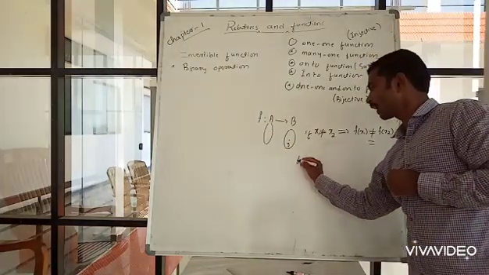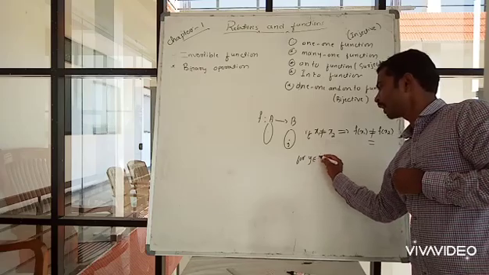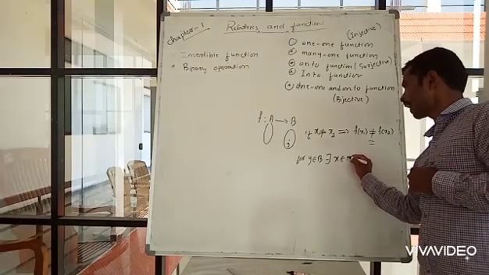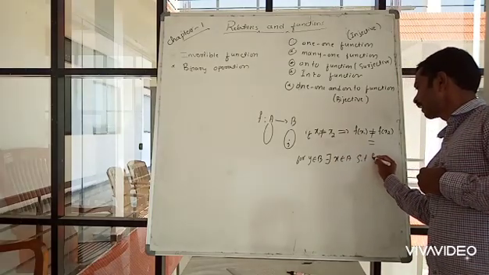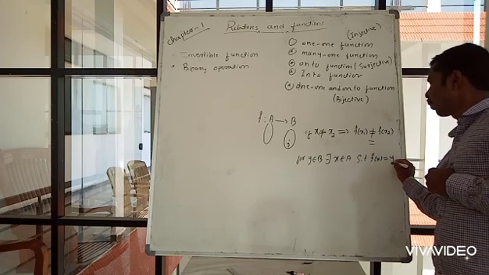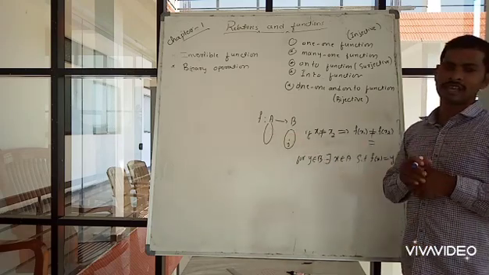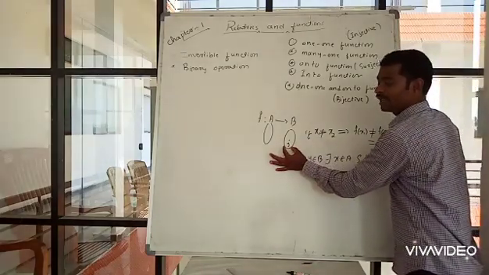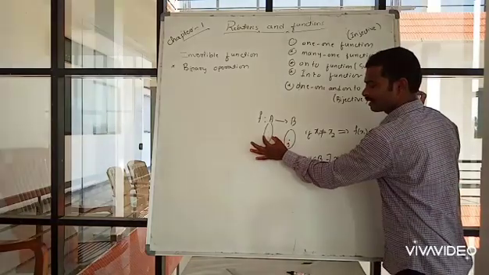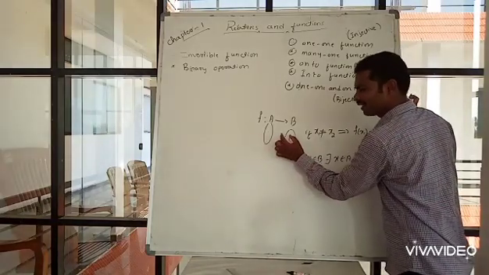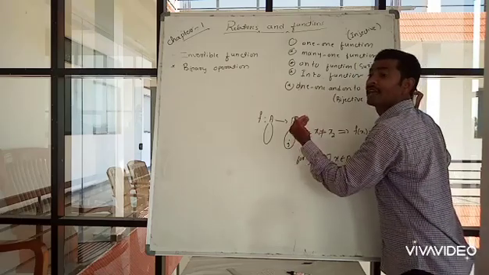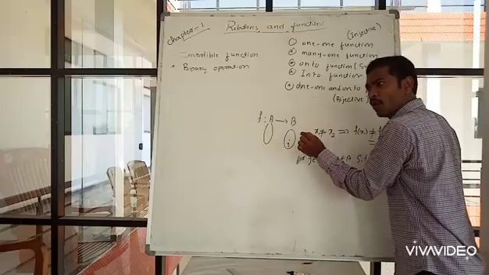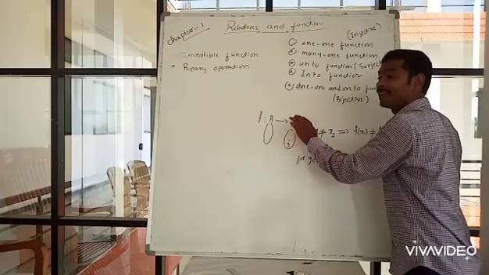It means that for each y belonging to capital B, there exists some element x belonging to A such that f of x is equal to y. This means that the given function is onto. Onto means each element of the codomain is the image of at least one element of the domain. The set of all image elements is called the range set.